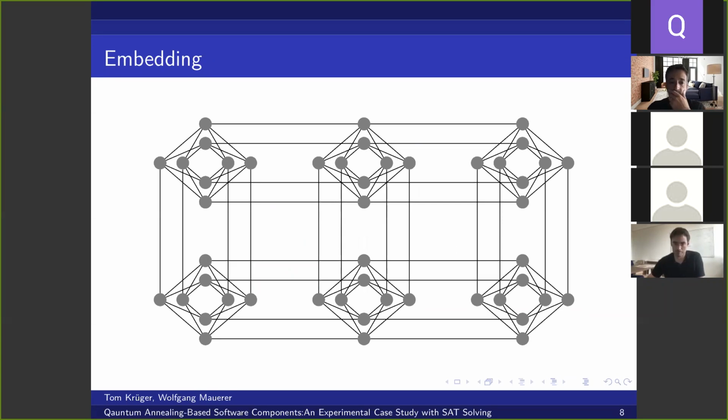If you think about the limitations of your current hardware structure when you are designing the reduction, as we did, because we designed a new reduction with less connectivity and less global connections, you can help the embedding process to find better solutions or better embeddings on your hardware. Yeah, hope this answers your question.